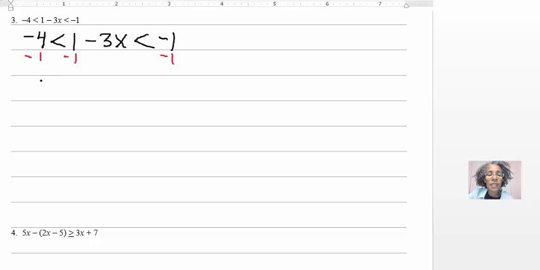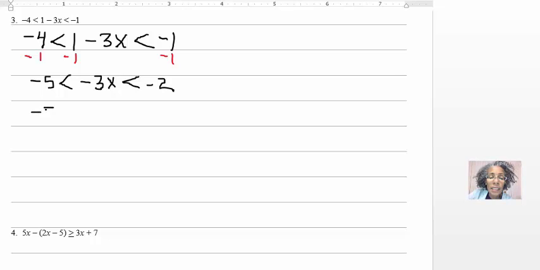So I'm left with negative 5 less than negative 3x is less than negative 2. And in order to get the x alone in the middle, I'm going to have to divide by negative 3.